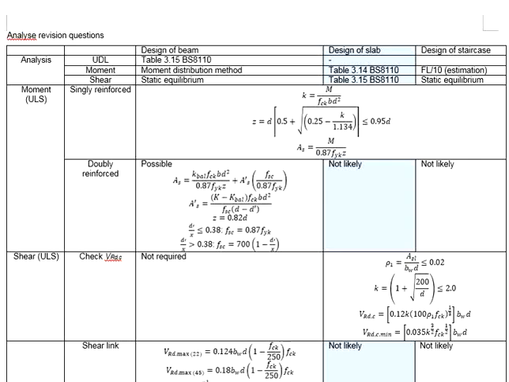It is still possible, which normally occurs when relatively thin members are provided, or when the member is subjected to relatively large bending moment. However, based on my personal experience, under normal circumstances, you will expect the slab and the staircase to be singly reinforced.